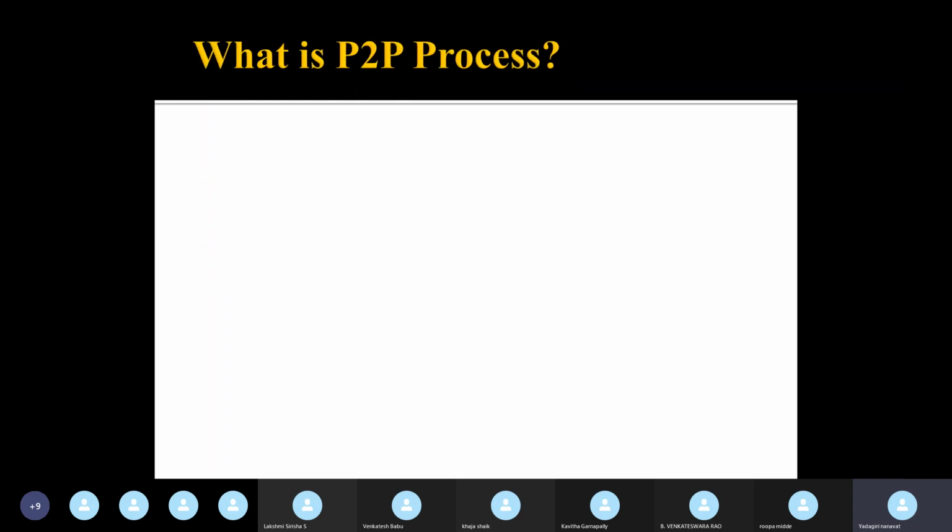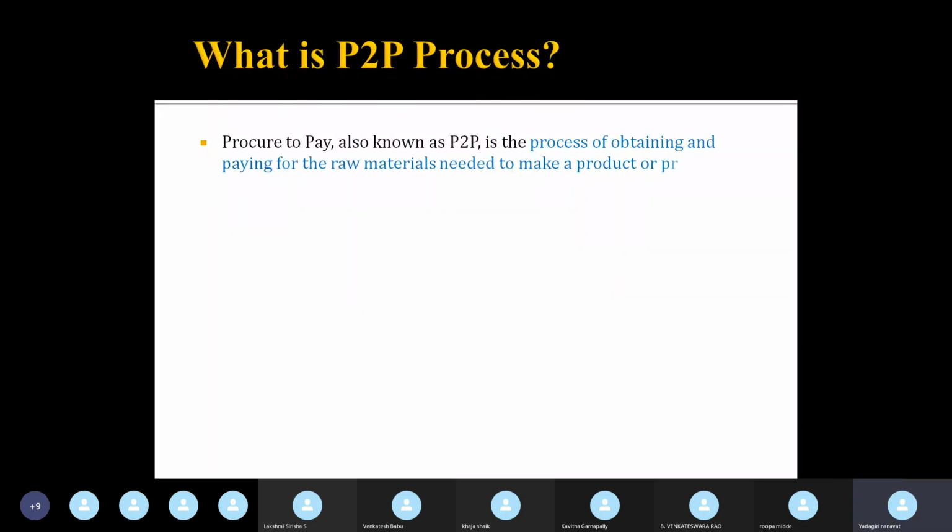What is the P2P process? Procure to pay, also known as P2P, is the process of obtaining and paying for the raw material needed to make a product or provide services. Generally, when a company needs some material for production, it will first identify the need of the department.